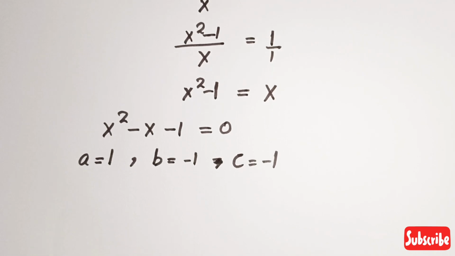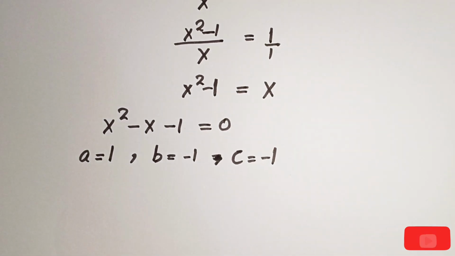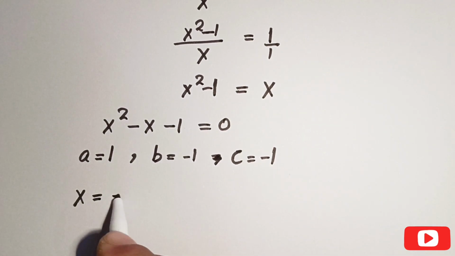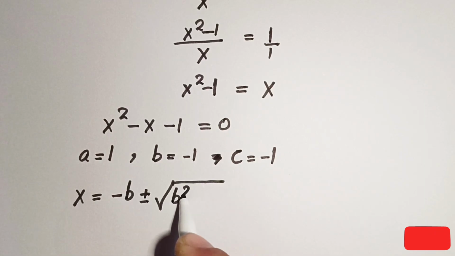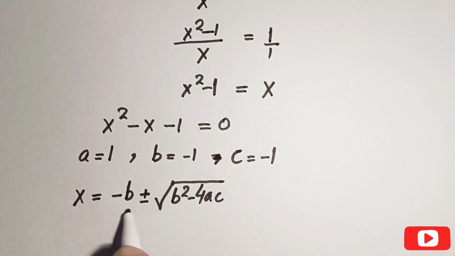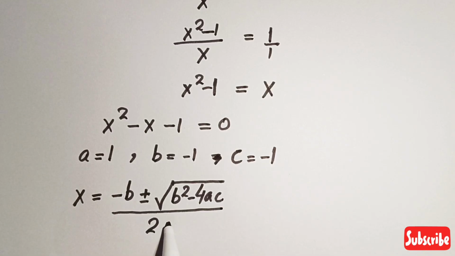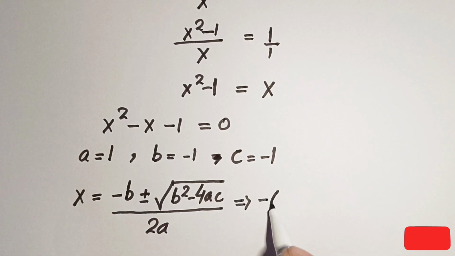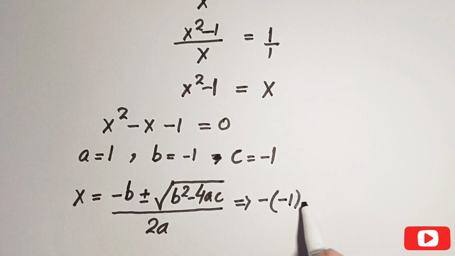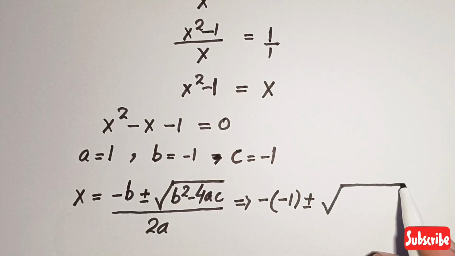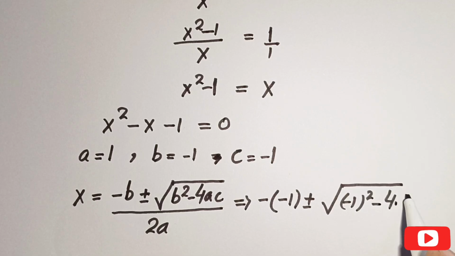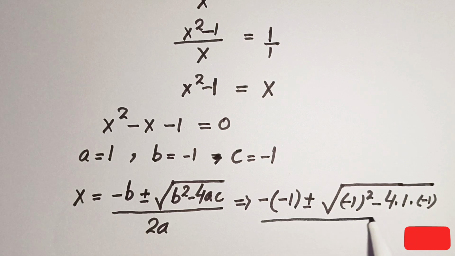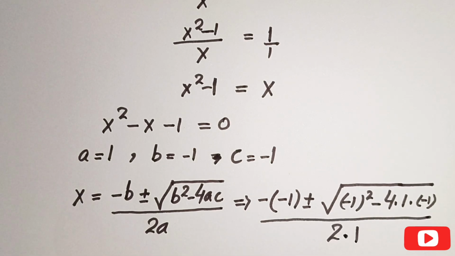Now using the quadratic formula, as we know that x is equal to minus b plus minus square root of b squared minus 4 times a times c, all over 2 times a. Putting values, we have minus times minus b is equal to minus minus 1, plus minus square root of minus 1 squared minus 4 times a is 1 and c is minus 1, all over 2 times a, so a is 1.